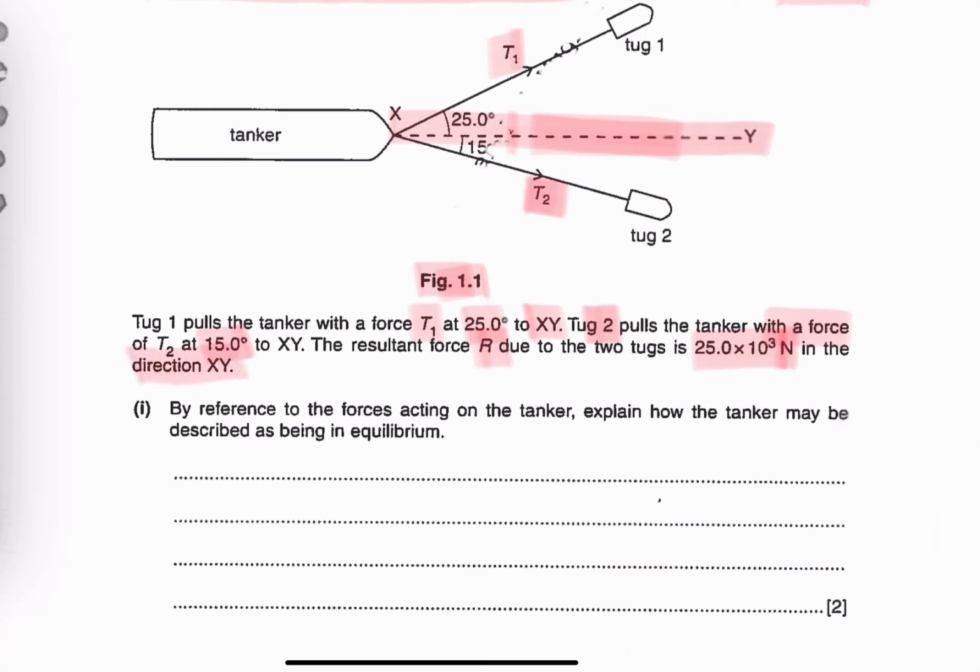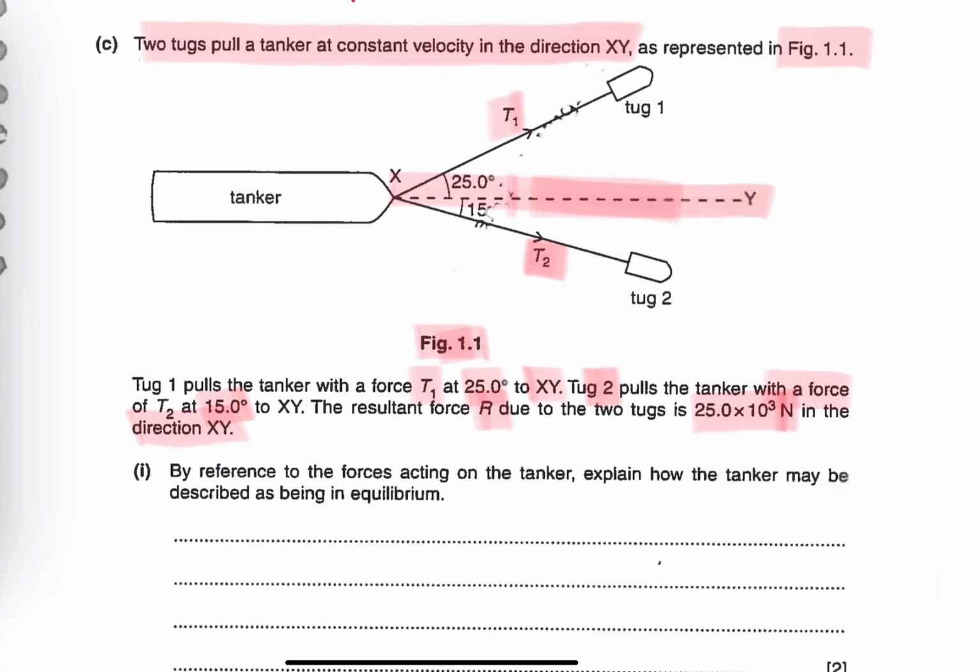By reference to the forces acting on the tanker, explain how the tanker may be described as being in equilibrium. Okay, so basically there are two forces acting on it, the tug 1 and tug 2 forces. If we resolve these forces into components, the x component of this force will be T1x, and its y component will be T1y.